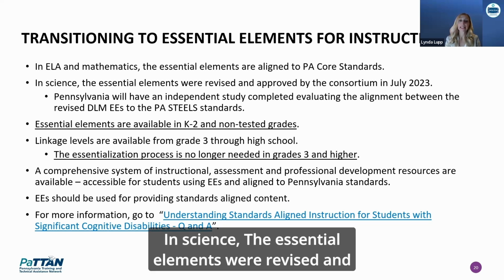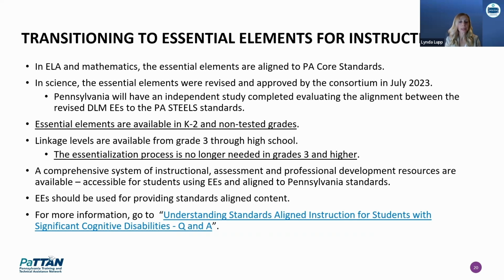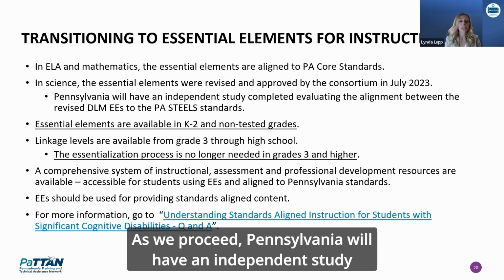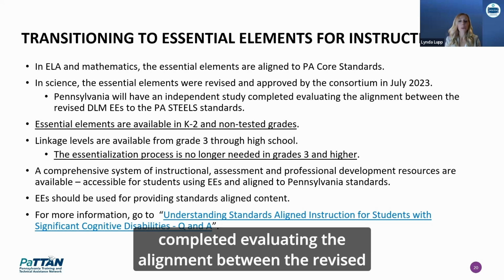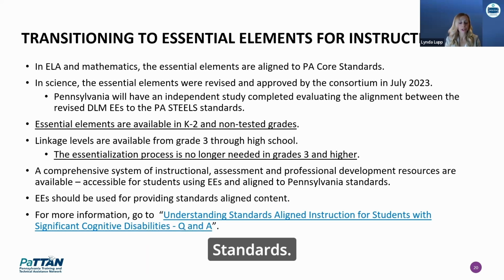In science, the essential elements were revised and approved by the consortium of 22 states with DLM in July of 2023. As we proceed, Pennsylvania will have an independent study completed evaluating the alignment between the revised DLM essential elements to the new Pennsylvania STEELS science standards.